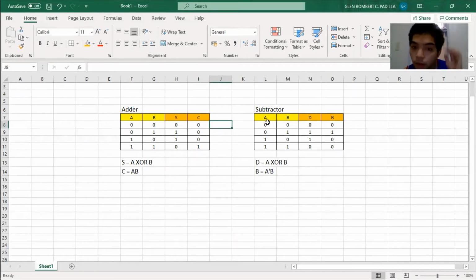In this truth table, the output for the difference is just the XOR of A and B. And if we look at the borrow, if we do 0 minus 1, the difference is 1, and there is a borrow for the next bit of 1. So the formula for this borrow is A complement AND B.